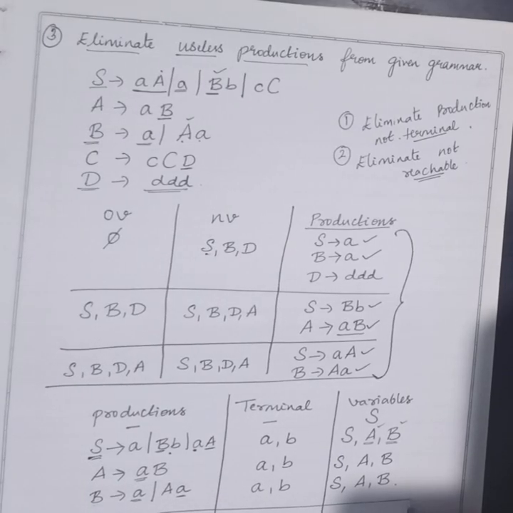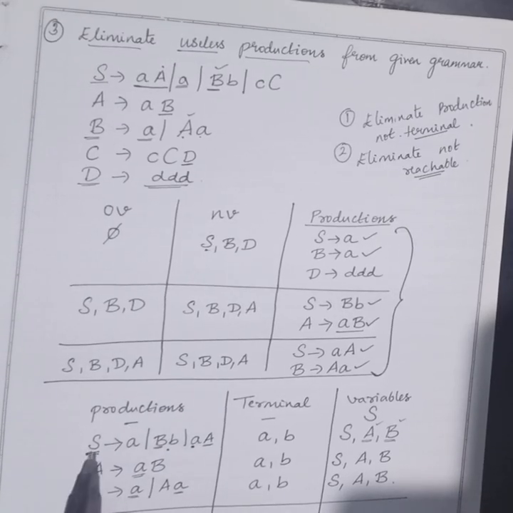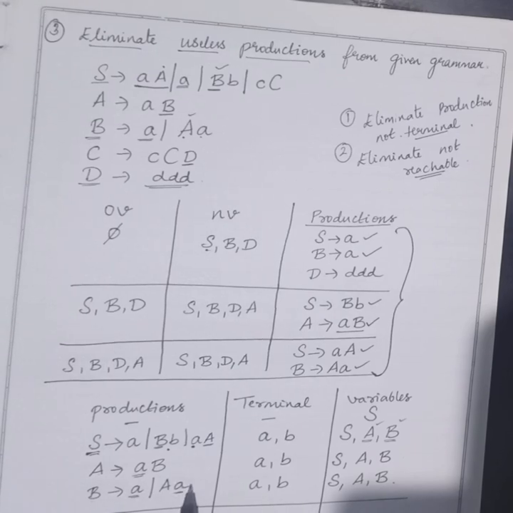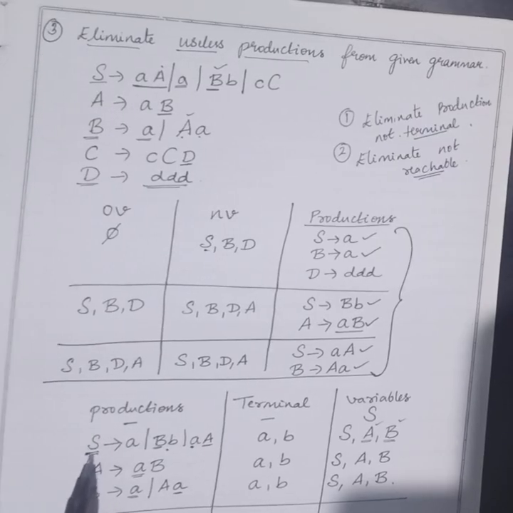Actually, what this logic says is, from S you can reach A and B. By chance, if B had a new production related to C, then we would have included C and all the productions related to C. But in this given example there is no such choice of C or D, so they are not reachable from the starting state, whether directly or indirectly.